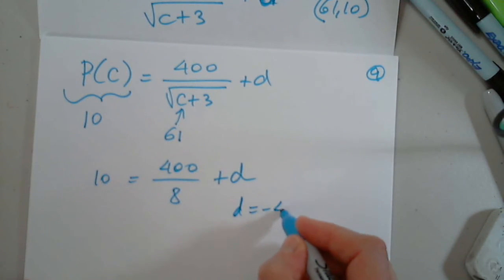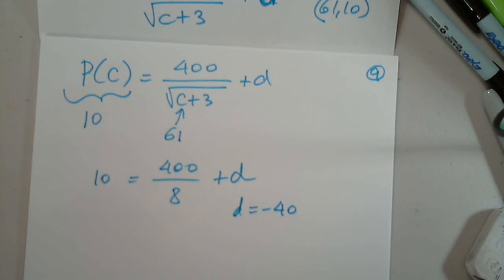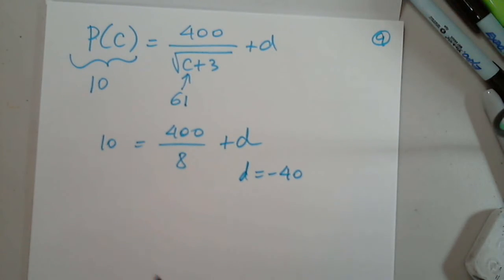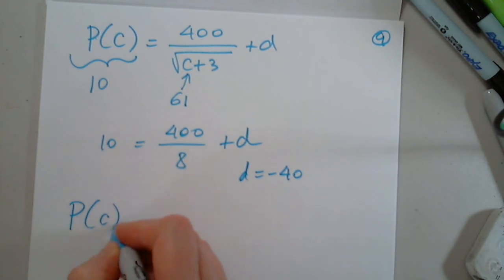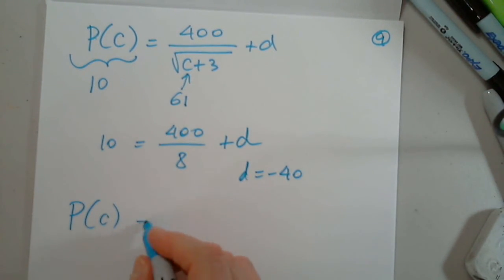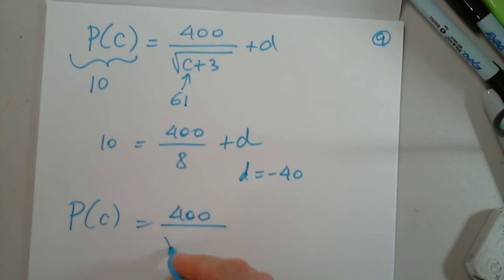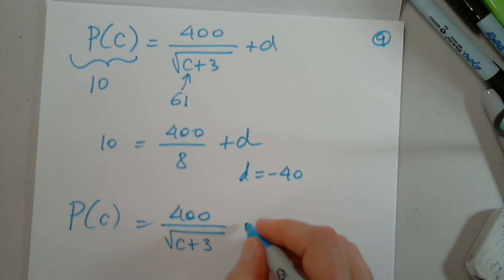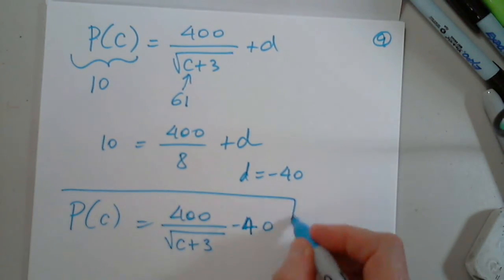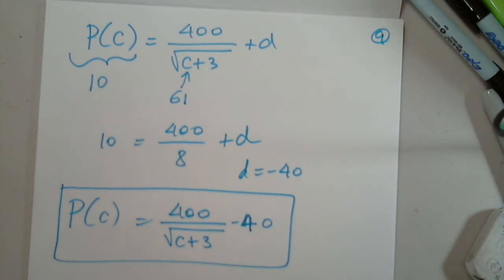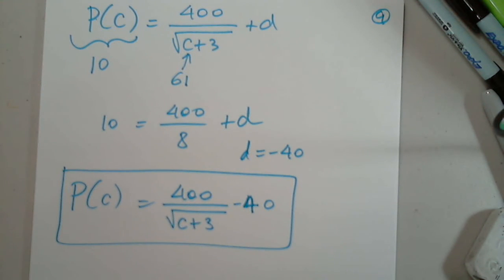So D equals negative 40. So the function is P of C, profit in terms of cost, equals 400 over the square root of C plus 3, minus 40. And this is part A.